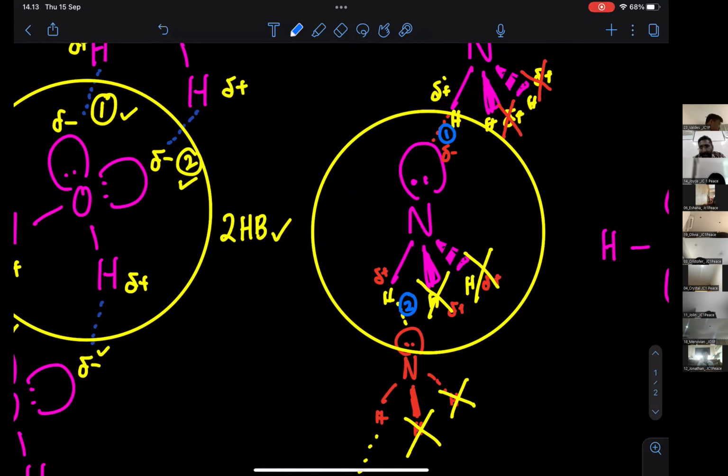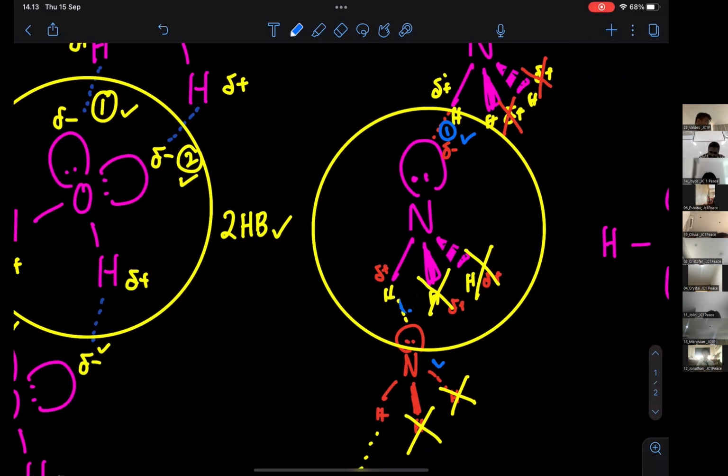But similar to what I said, that one hydrogen bond belongs to this molecule, but this hydrogen bond belongs to the other molecule. For ammonia, therefore, it's going to be one hydrogen bond, not two.